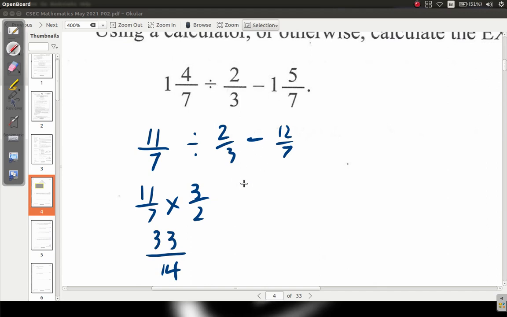Alright, I'm going to put back the 12/7 now. So we have a minus 12 over 7. So we put it back now. You see?